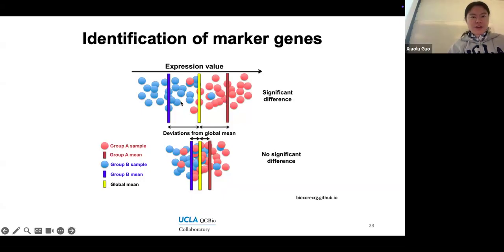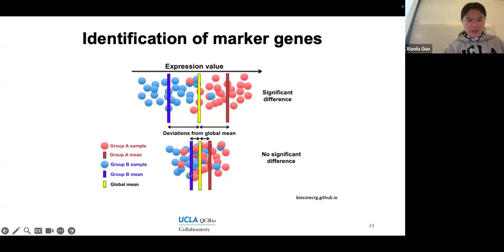If their means are very different with their spreads not overlapping, then we can claim that this is a significantly differentially expressed gene. So how do we decide whether it's significant or not? We use statistical tests such as the Wilcoxon rank sum test and other tests.